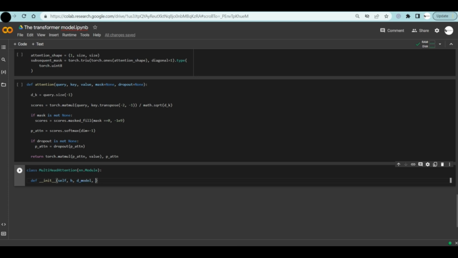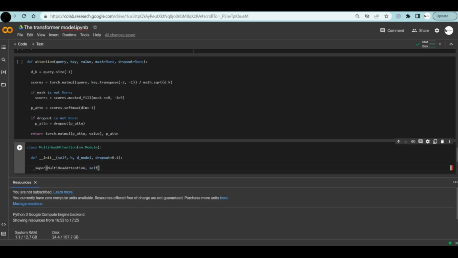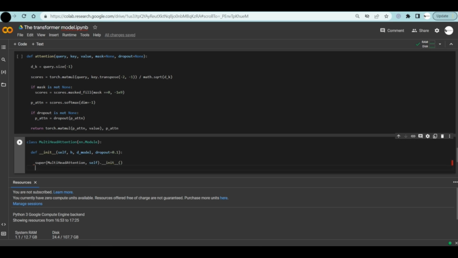Then we say super, the MultiHeadAttention, and as always self.__init__. So we say a set just to make sure that.